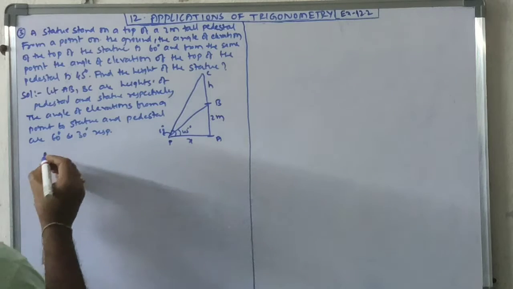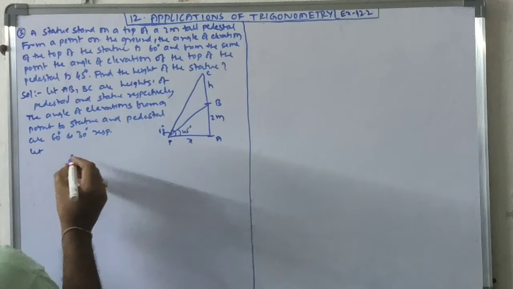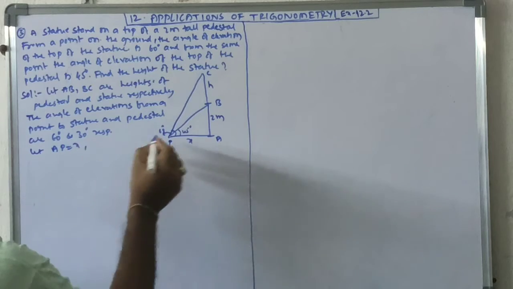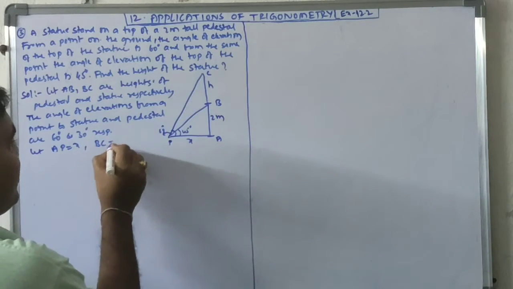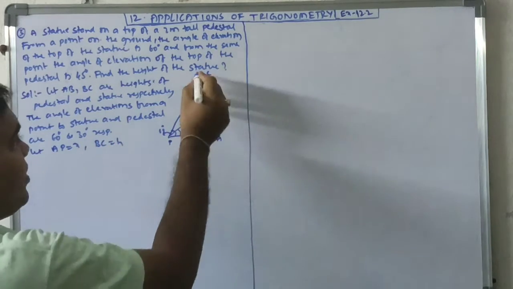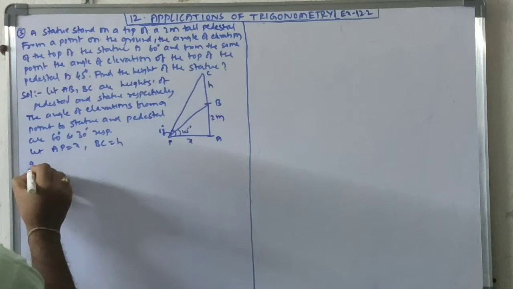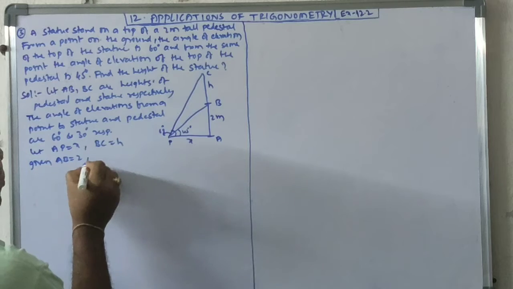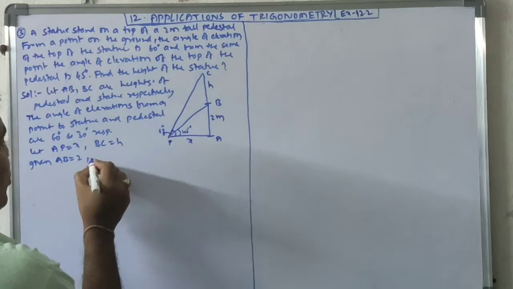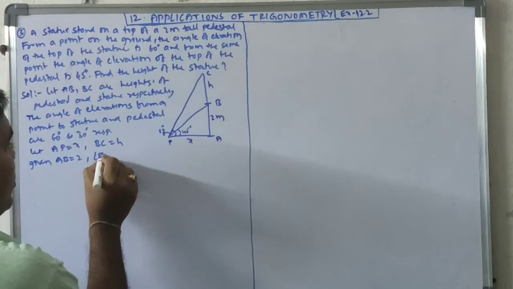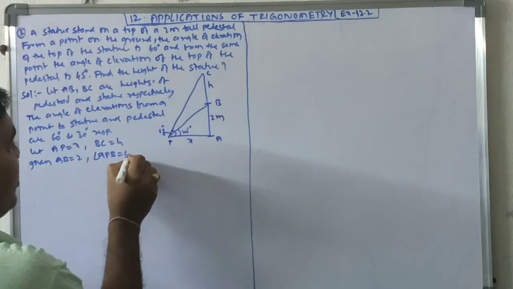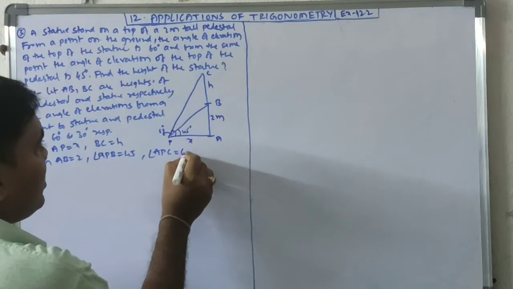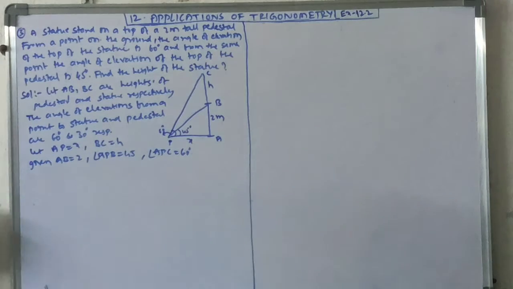Next, let AP equal x and BC equal h. I am taking this as x, this as h. Given AB equal to 2, angle APB equal to 45, angle APC equal to 60 degrees. So these values are given.